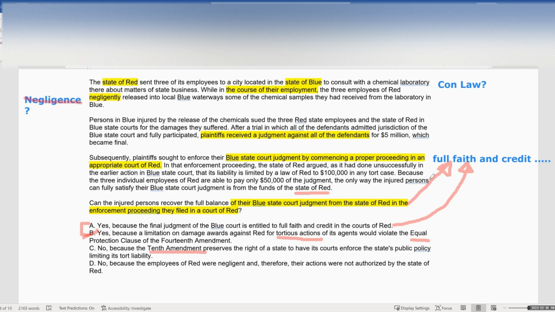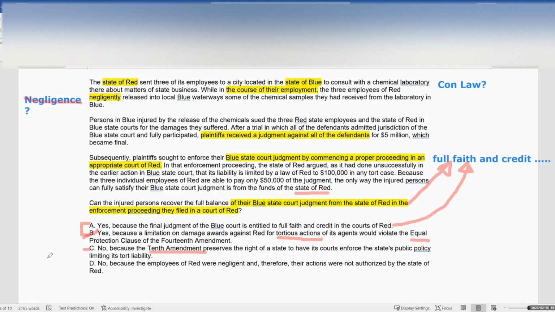We're not concerned about the state preserving their right to have their court enforce tort liability limits. So it's not really an answer choice that I would favor over answer choice A.